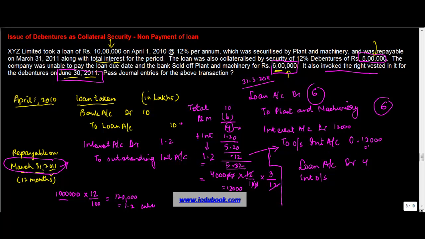You can also write this as 0.12 for the sake of consistency, which is 1.32, to debentures, which is 5. And where would this balance of 0.32 go? You can write it back to the profit and loss account, because the interest which you have booked till date has also been booked to the profit and loss account. So there are two manners in which you can do this. You can write it back to the P&L account also.